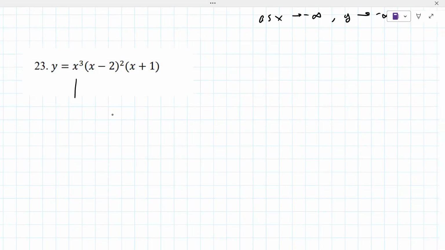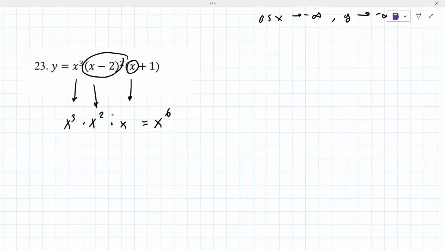Well, there's an x cubed, and then this middle one, there's going to be an x squared at some point. Do you agree with that? Times the x from this one. So this now becomes x to the 6th power.